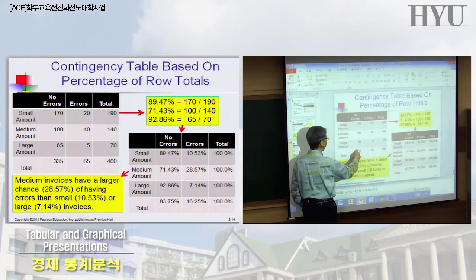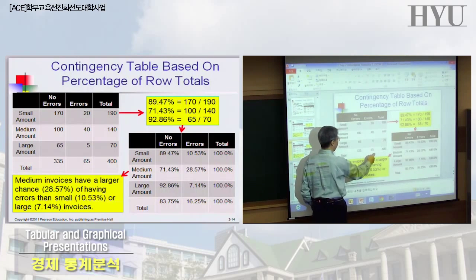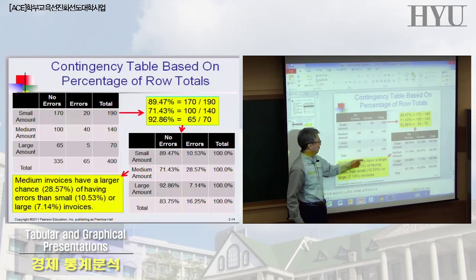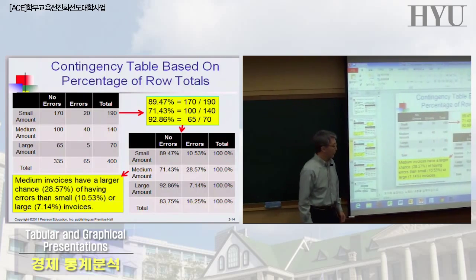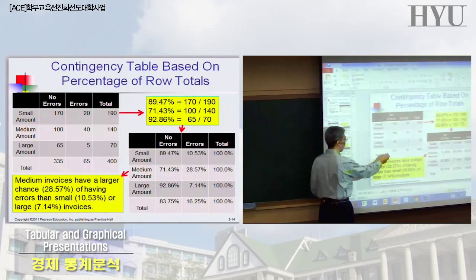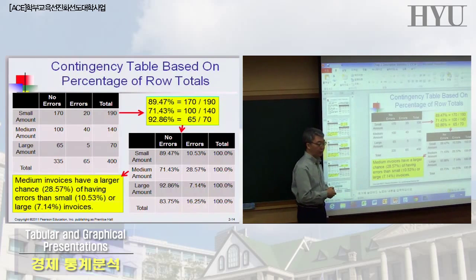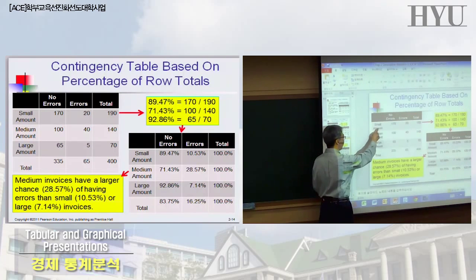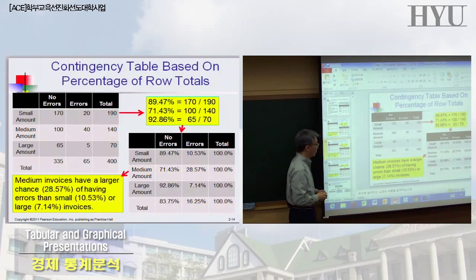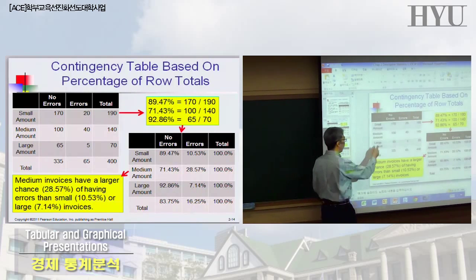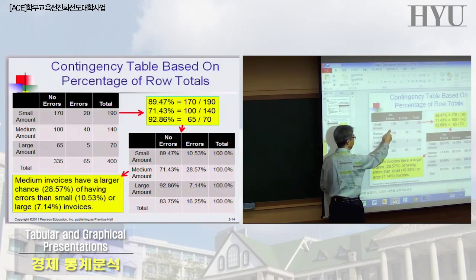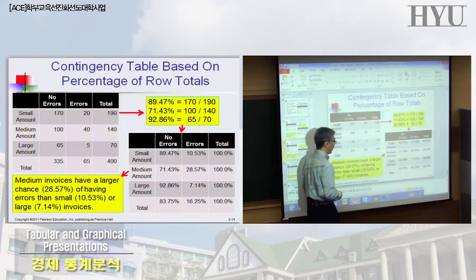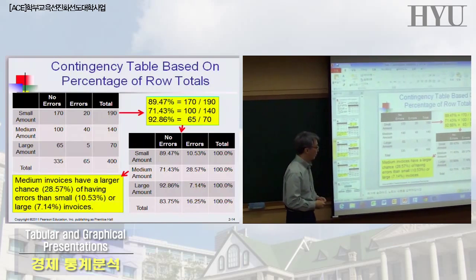Of 400 invoices, 335 were without errors and 65 were with errors. So out of the 335 invoices that did not have any errors, how many were small, how many were medium, and so on? You can divide each cell frequency by the row total and convert it into percentages, 89%, 71%, and so on.